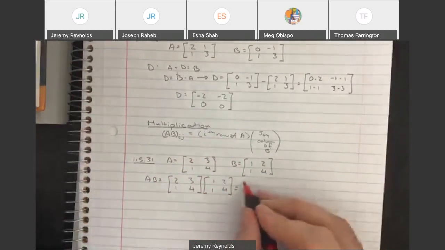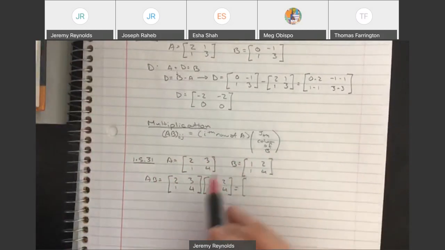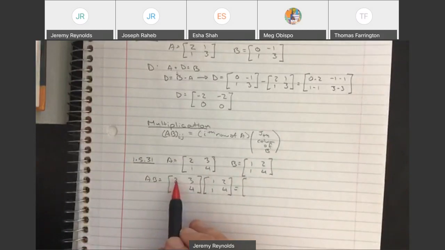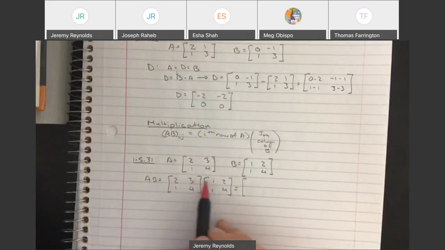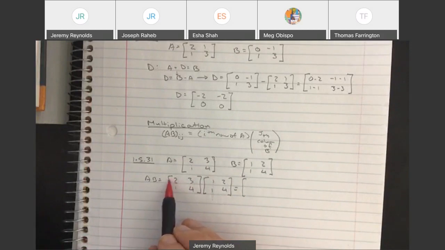Okay, and how do we do that? You take, once again, the dot product of a row times a column. So if you look at where they intersect, that's going to be the point on the matrix. So you see that these are the first row and the first column.